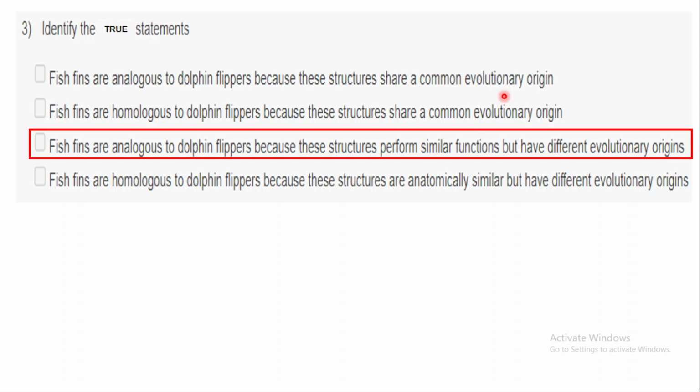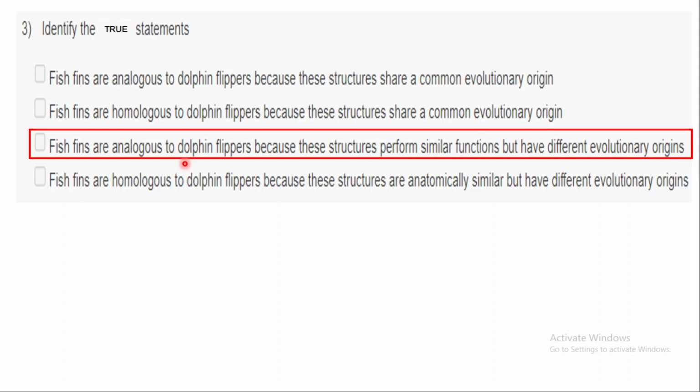Let me read out the statement aloud. See, in the analysis of the statement, we have the answer itself. Fish fins are analogous to dolphin flippers. Fish and dolphin, they might look very similar. They are aquatic animals. But if you look at their ancestry, if you look at their evolutionary origins, they are very different.